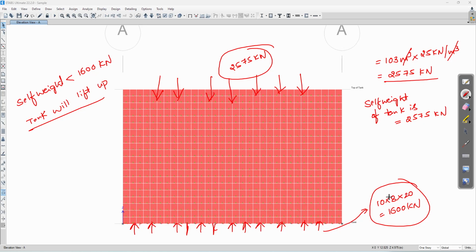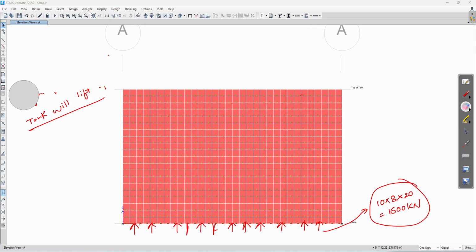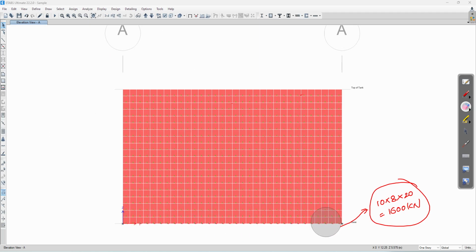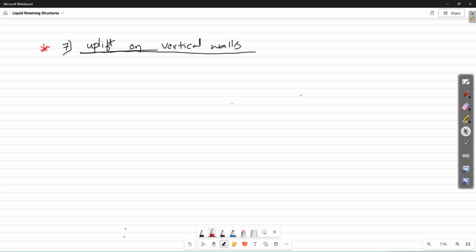So in our case, lifting of the tank is not critical. Anyway, we will consider it in the load calculation. Okay, so you practice these things. In the next video, we will take up uplift on vertical walls.